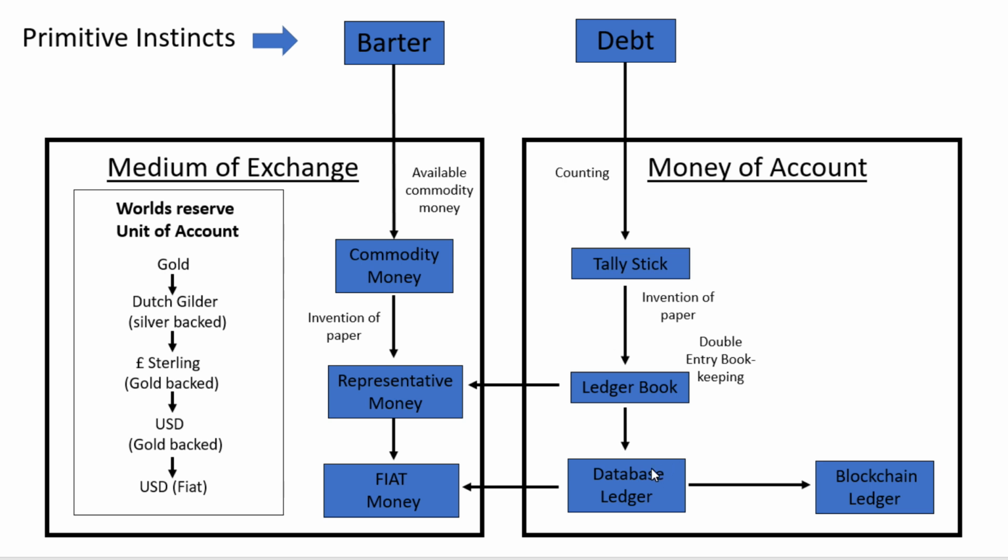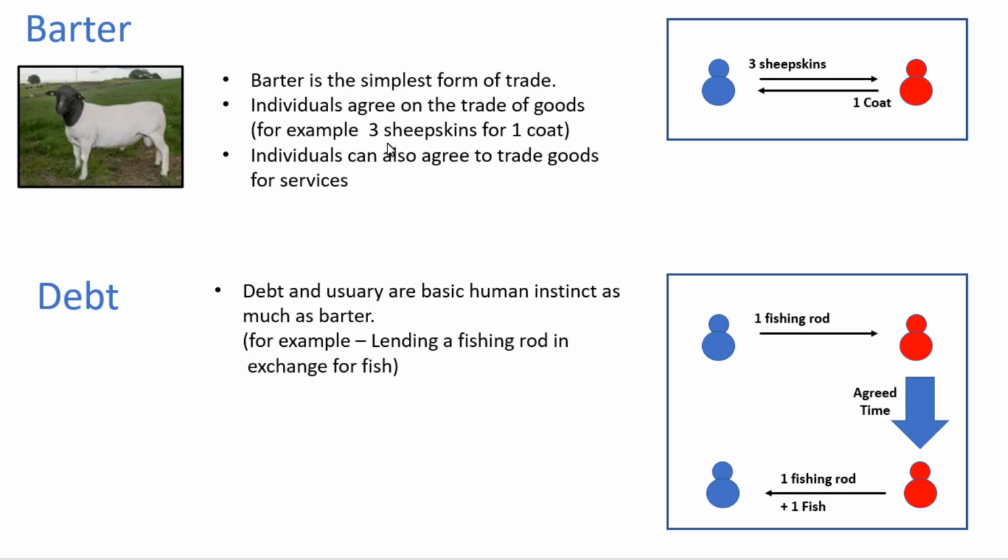And then eventually we started using computers for database ledgers. And moving forward, it looks like blockchain technology will take over as the optimum way of recording a ledger of debts and transactions.